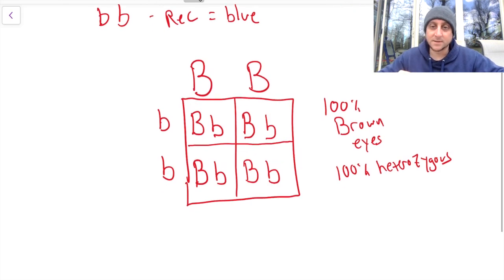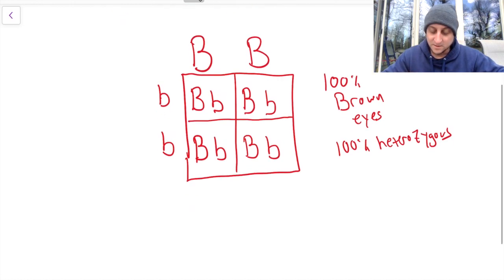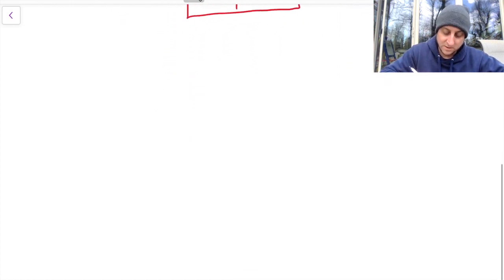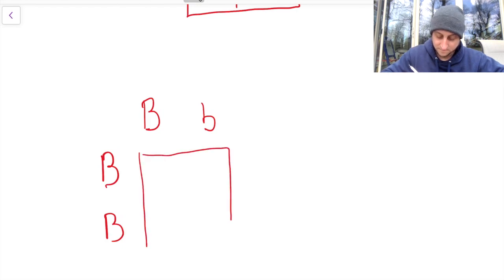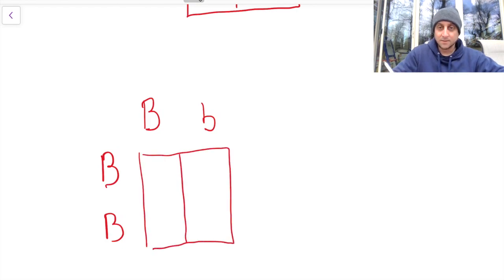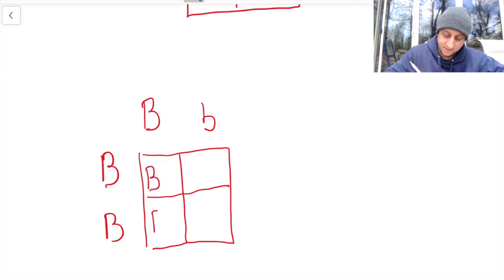We could do another one now. I'll leave that for a second. Trying to leave my face up here in the corner. All right, so we can do another one. We can do big B, little b, with big B, big B. So we just fill it in again. We bring down the big B's. I'll even bring down the little b.